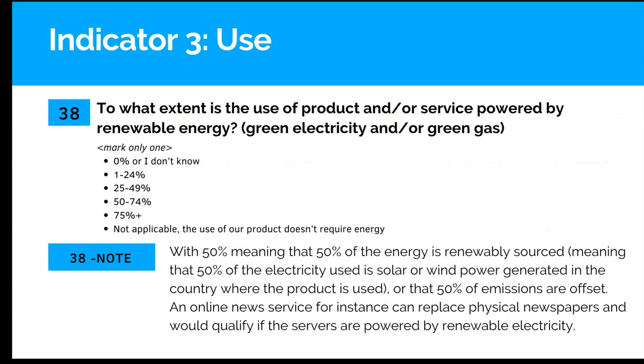Similarly, as in the previous categories, we are asking to what extent is the use of a product or service powered by renewable energy. And this is a tricky question because, for example, with electrical appliances, it's hard to say whether your customers are generating their own source of renewable energy or not.